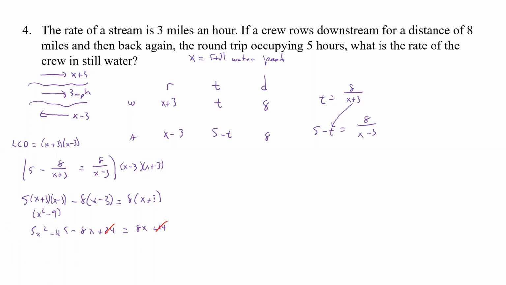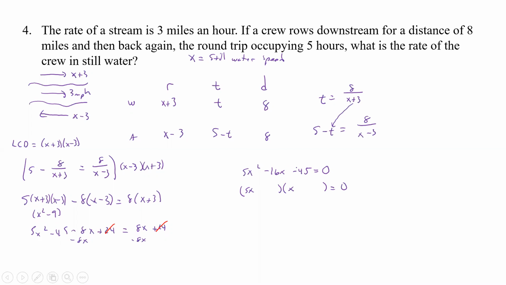Now this is all positive 5x squared, so let's take 8x to the other side. And so now we have 5x squared, then minus 8 is going to be minus 16x, and then we have minus 45 after that. That's equal to 0. Now what we need to do is factor. So 5x and x.